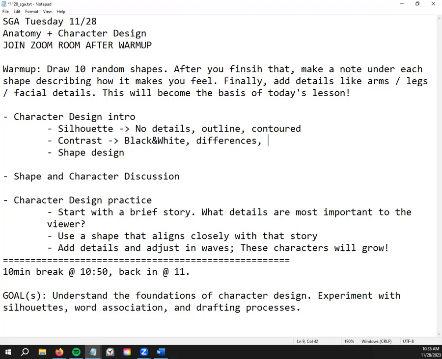Okay. What else do we got? I'm going to add one. Emphasis. You can pair these two things together to create that line of emphasis so that things become more obvious that there's a difference.